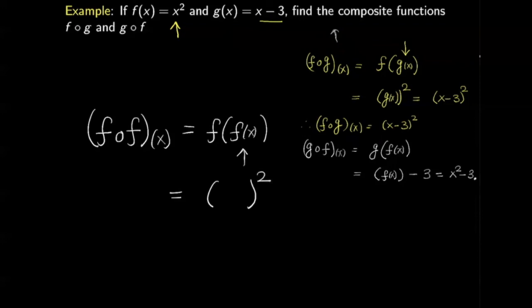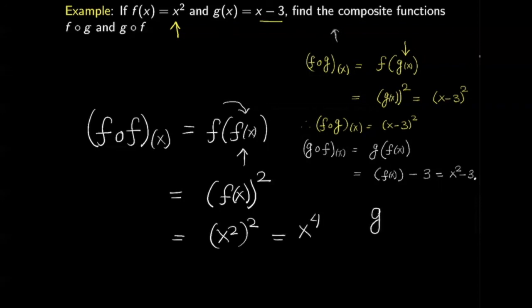So if I take x as a placeholder and then I square it, in that placeholder I will put the input, which is the function f of x itself. So it will be f of x squared. But the value of f of x is x square, so then you have one more square, and it will become x to the power 4.